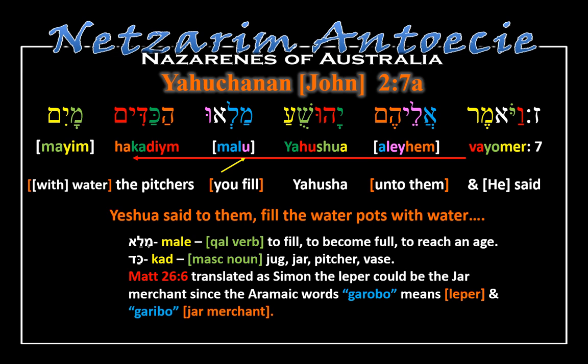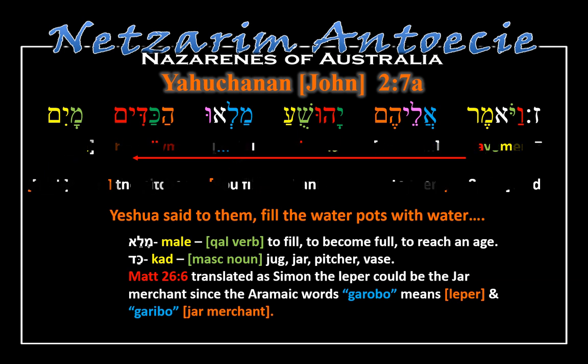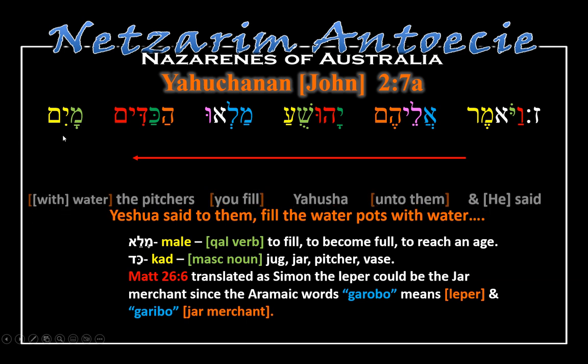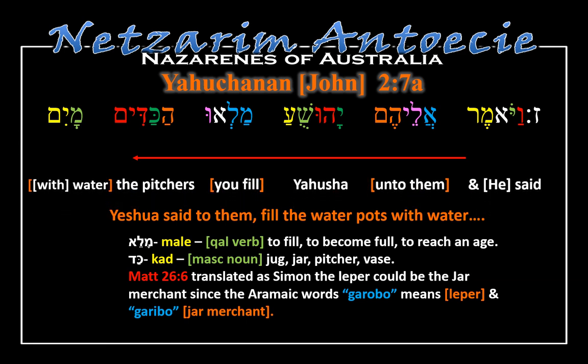And so I've given you the alternative. Right, so we read it. Vayomer alehem Yahushua malu ha-kadim mayim. And he said unto them, Yahusha, you fill the pitchers with water.